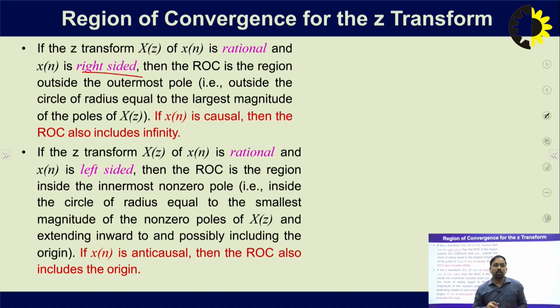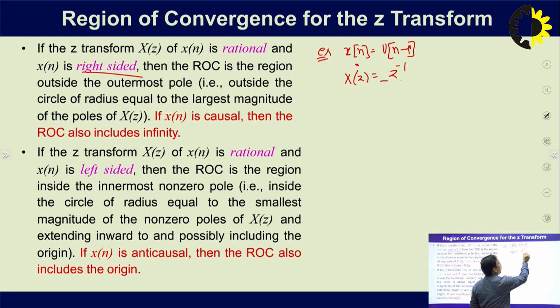And if x[n] is causal, it's quite important. Let's say we have an example x[n] equal to u[n]. Basically the transform X(z) will be z inverse divided by 1 minus z inverse. If we calculate the ROC for this, definitely it is a right-sided signal, so the ROC will be mod of z greater than mod of 1.